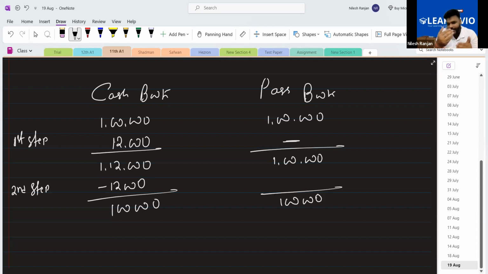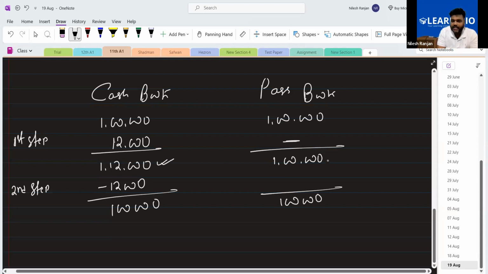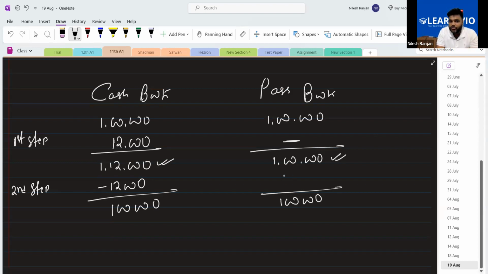Because let's say that in this portion, if you're using the passbook as your starting balance, then you have to add 12,000 in the passbook so that it will become equal to the cash book balance. Like if it is 1,12,000 here, 1 lakh here, and we are using the passbook as our starting point, we will add 12,000 here so that it will become equal to this 1,12,000.